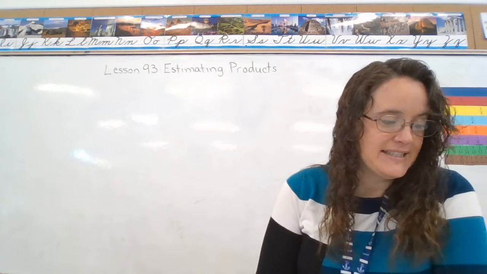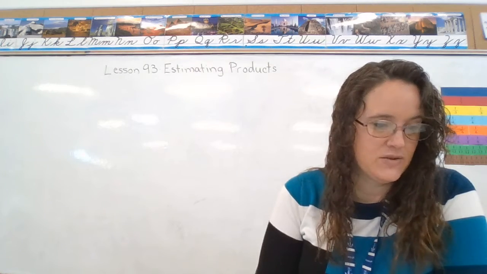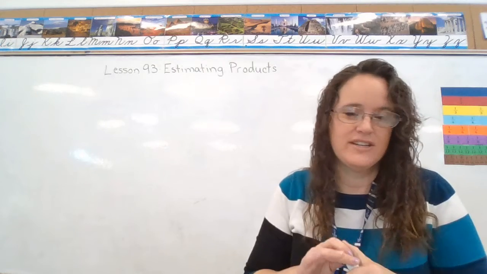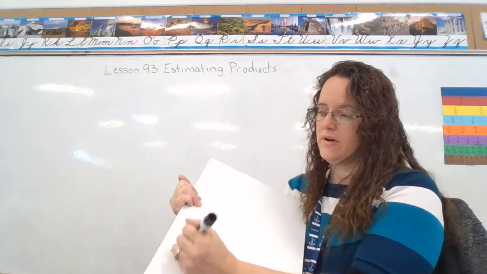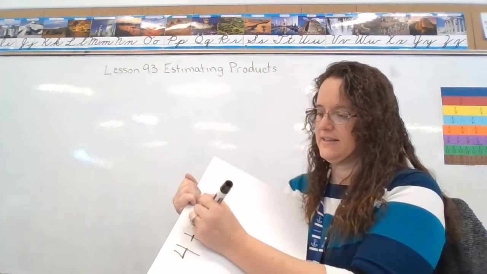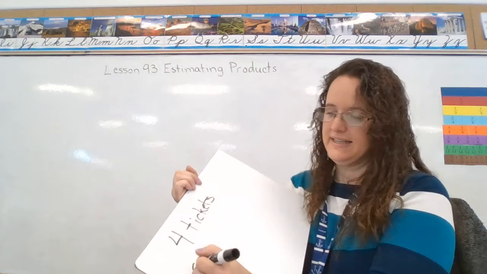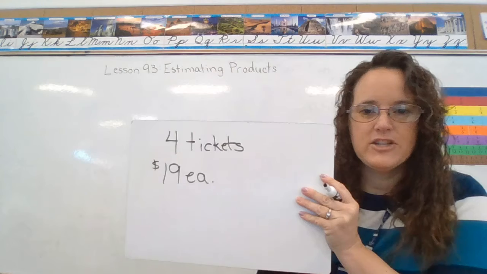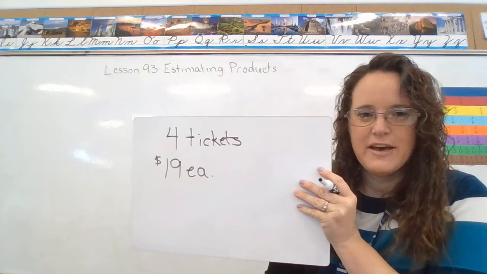Problem A says, estimate the total price of 4 water park tickets at $19 each. Here's the information. Pause, try to figure it out, and then come back.